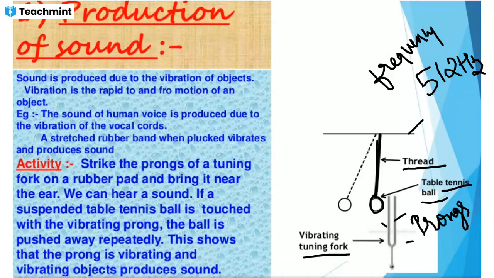If you bring this tuning fork near to that ball, because of the vibrating prongs, that ball will move away. So that shows that the prongs of the tuning fork are vibrating and produce sound. Okay, is it clear, children?